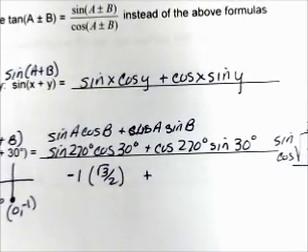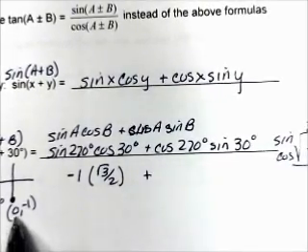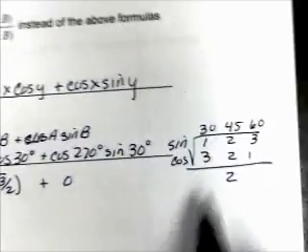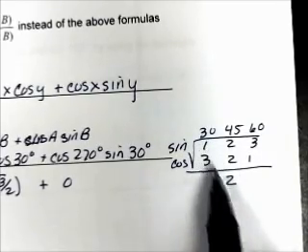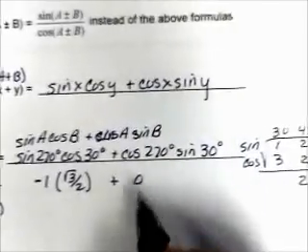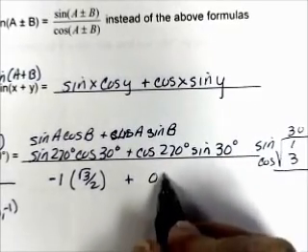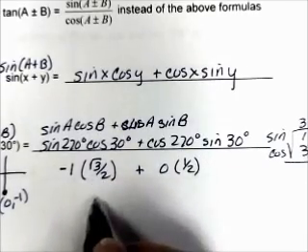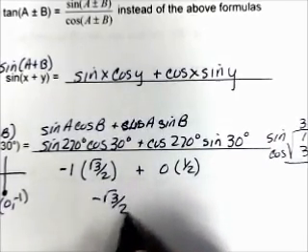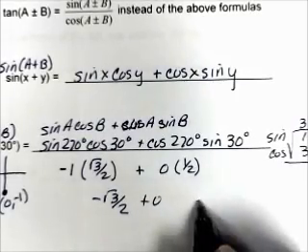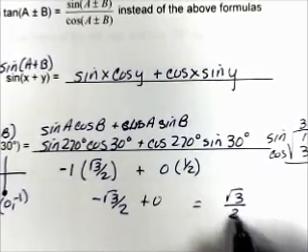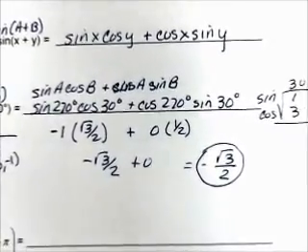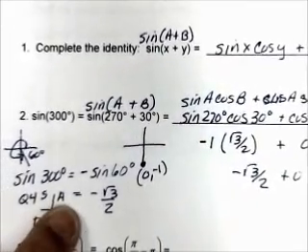Plus the cosine of 270, that's our x value, 0, and the sine of 30, square root of 1 over 2. Square root of 1 is 1, so that's simply 1/2, but we're multiplying by 0, so that's just going to result in 0. Negative 1 times the square root of 3 over 2 is negative square root of 3 over 2, plus 0 is simply negative square root of 3 over 2. So our new way, of course, came out to match our old way.